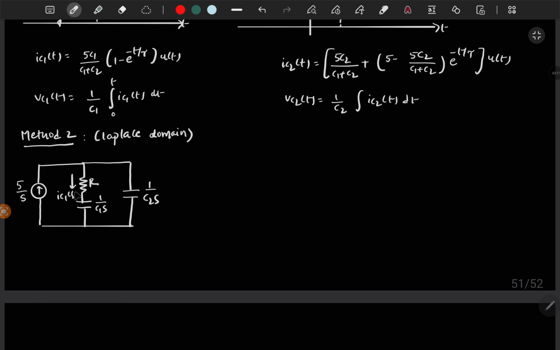So this is IC1 of s, and this is IC2 of s.